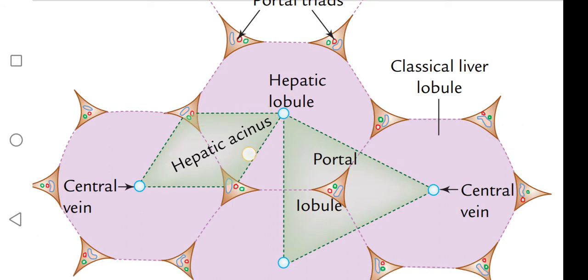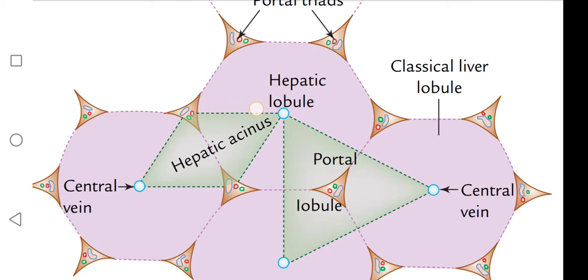See, this is a hepatic acinus, which is diamond shaped. At each elliptical end, these are the triads. Triads are present at the sides.